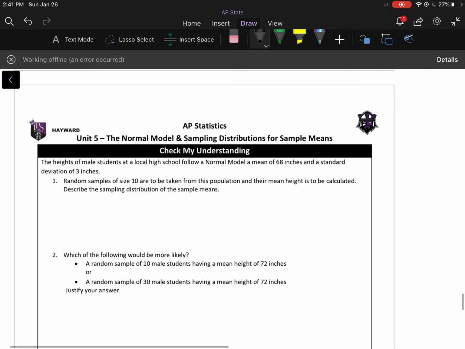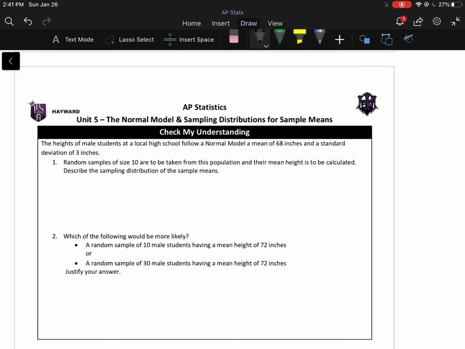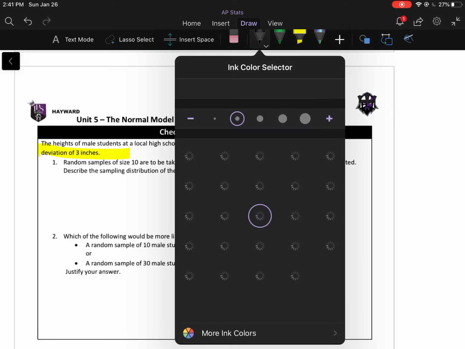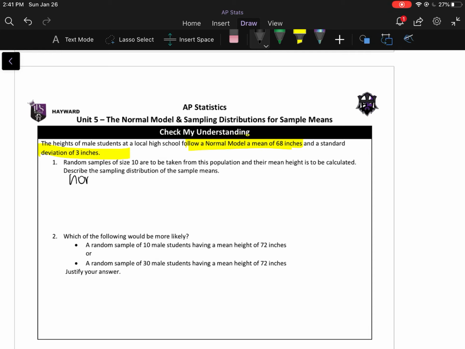So let's go ahead and complete this check for understanding. The height of male students at a local high school follows a normal distribution with a mean of 68 inches and a standard deviation of 3. A random sample of size 10 is being taken from this population, and their mean height is being calculated. Describe the sampling distribution of the sample mean. So we know that it's going to be normal, considering that the population was normal.